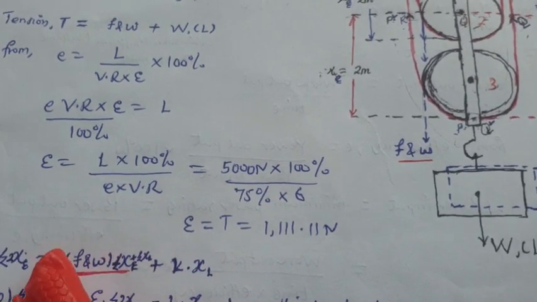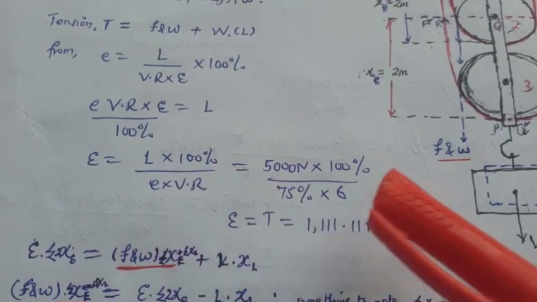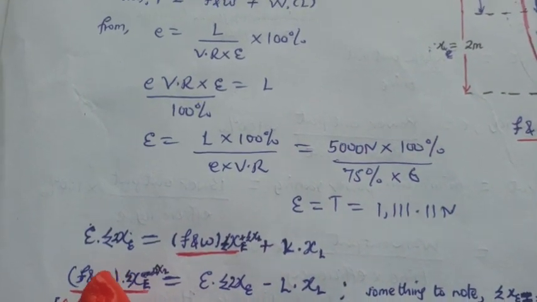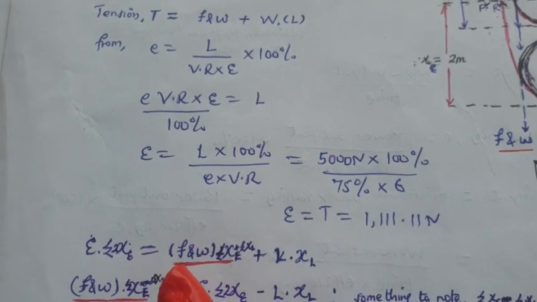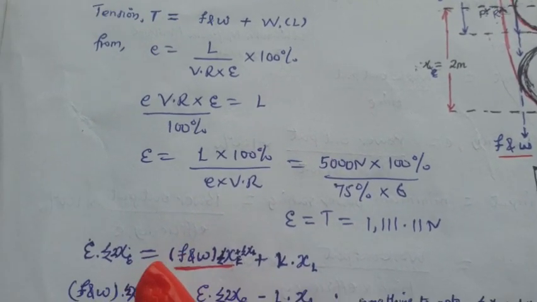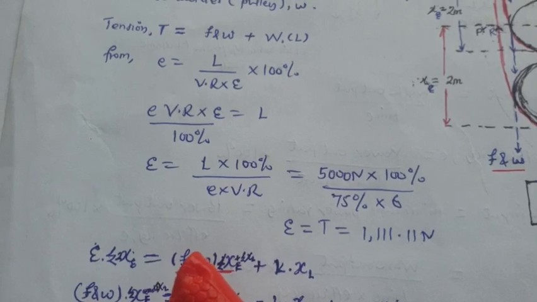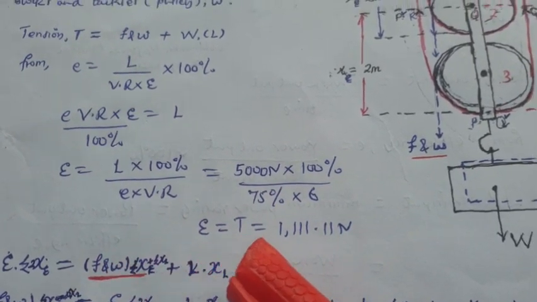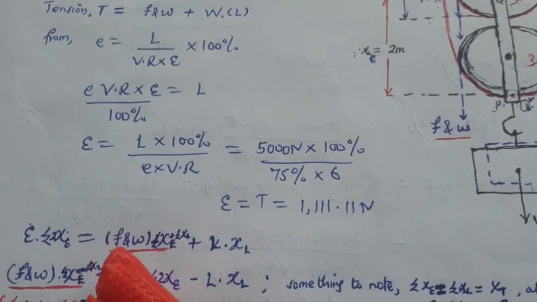Remember that this weight is the sum of the weights of all pulleys, and we assume that all pulleys have almost the same mass, and then we multiply each by the distance moved in order to get the work done.